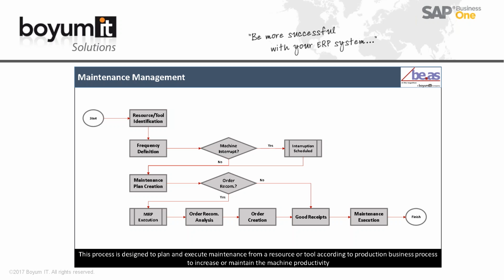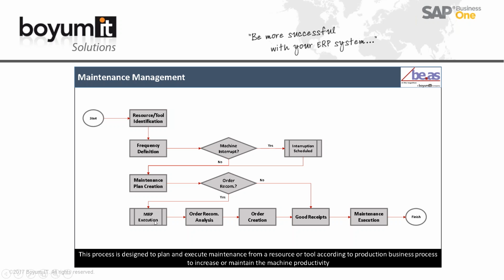And after that, if we need a plan requirement, that means that after we create the plan, the maintenance event, we can choose whether we want to use the MRP tool that we have on Beas to make orders, like purchase orders of the materials that we need for the maintenance, on the same system.